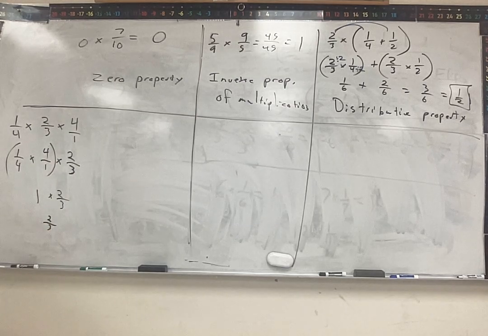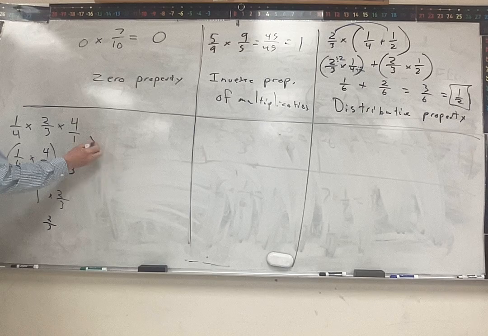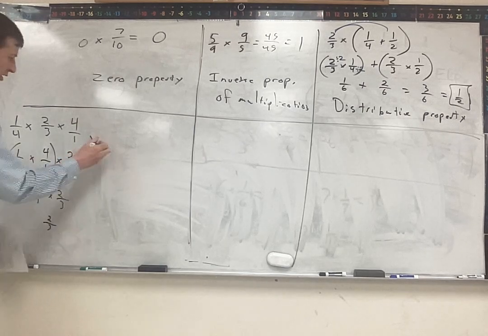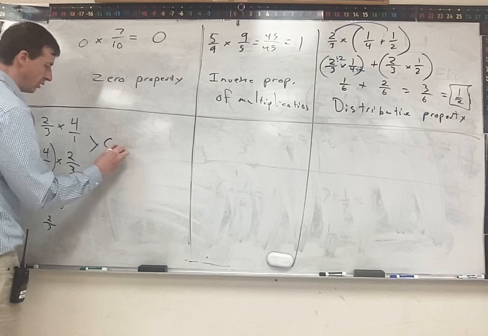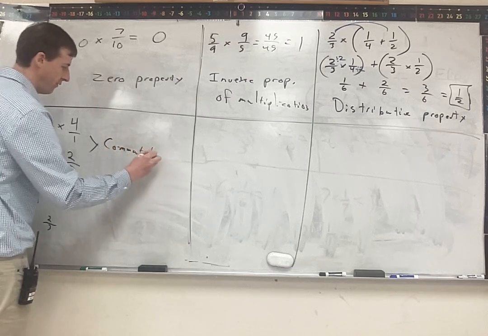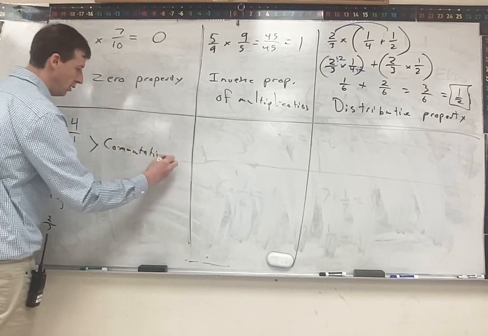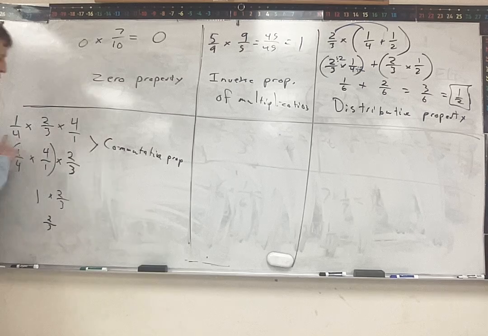So I actually used a couple properties on this one. First, I used the commutative property, which says I can rearrange things, which meant I could rearrange these any way I wanted. I used the associative property to group those together, although I ordered operations, I didn't really need to do that.